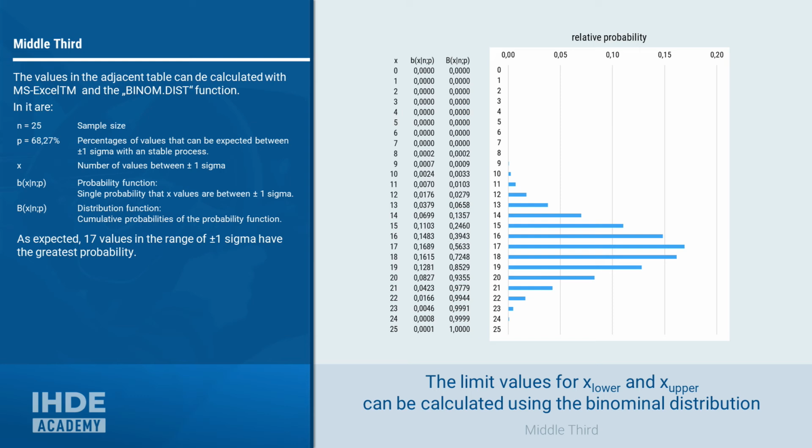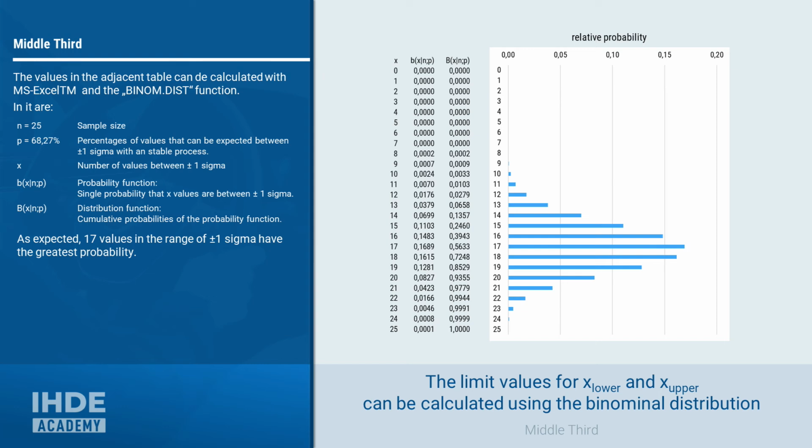In the table on the right, let's first look at the lowercase b column. This indicates the individual probability that a certain number of x values are in the middle third. As expected, the relative individual probability is highest at 17 values. This is also where the largest blue bar is located.